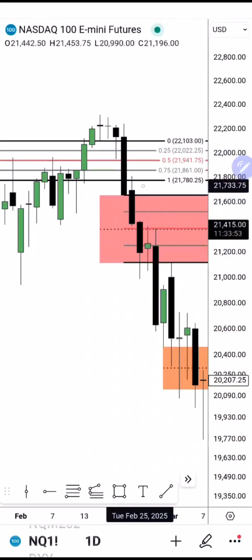If we look just above that, right in there, 21,780 to 21,941.75. You can draw that out as a rectangle or box, highlighting that on your charts.